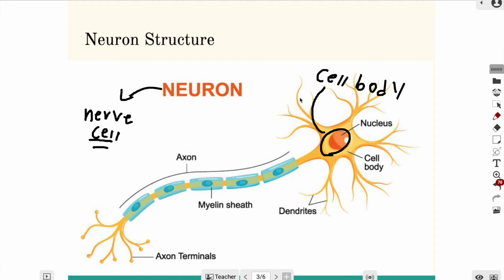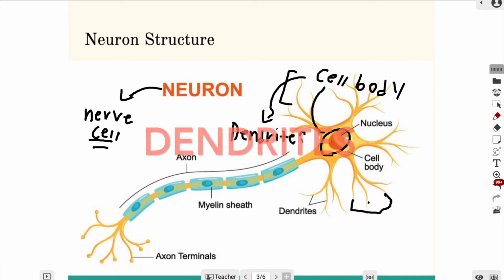But what are these branches here? You see there's a couple of branches here, and then there's a really long branch in the middle. What are those? First of all, these branches here are known as dendrites.